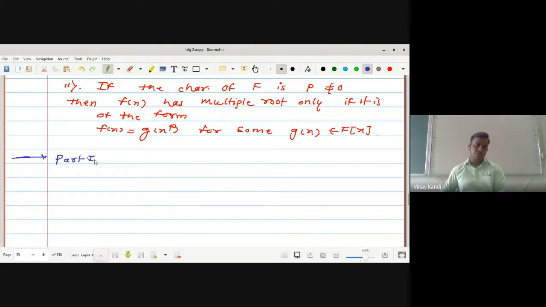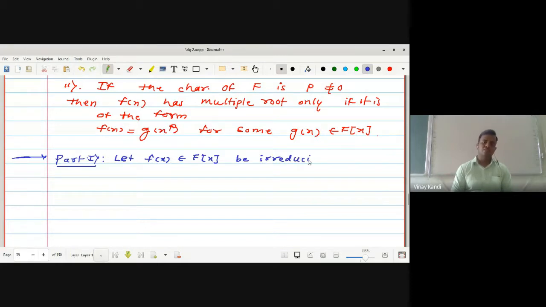Let f(x) belongs to F[x] be irreducible. What is the meaning of irreducible? We cannot write it in the form of a product of two polynomials belonging to F[x] such that the degree of those two polynomials is less than that of f(x).